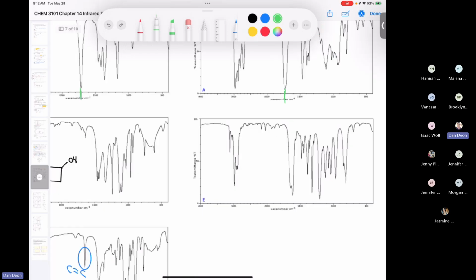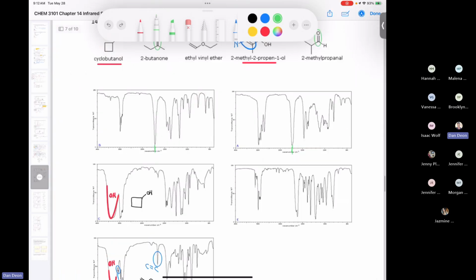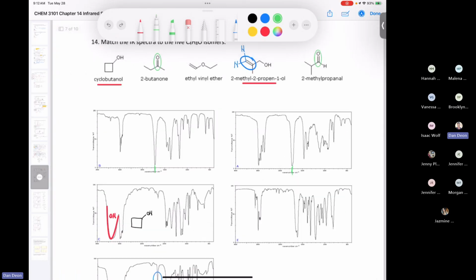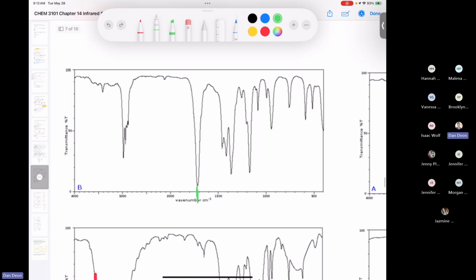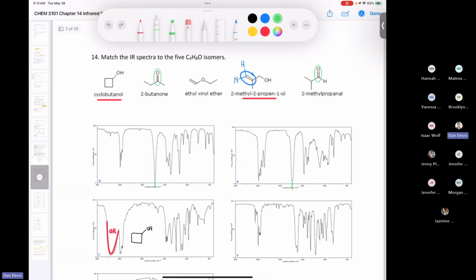So this one, you can see it's down around 1600, right? And our carbonyls for an aldehyde or a ketone would be above 1700. So you can see that this one is above 1700 and this one is above 1700. Now to distinguish which one is the aldehyde and which one is the ketone, the way you do it is looking for the aldehydic carbon-hydrogen stretching, which comes out at 2750 and 2850.